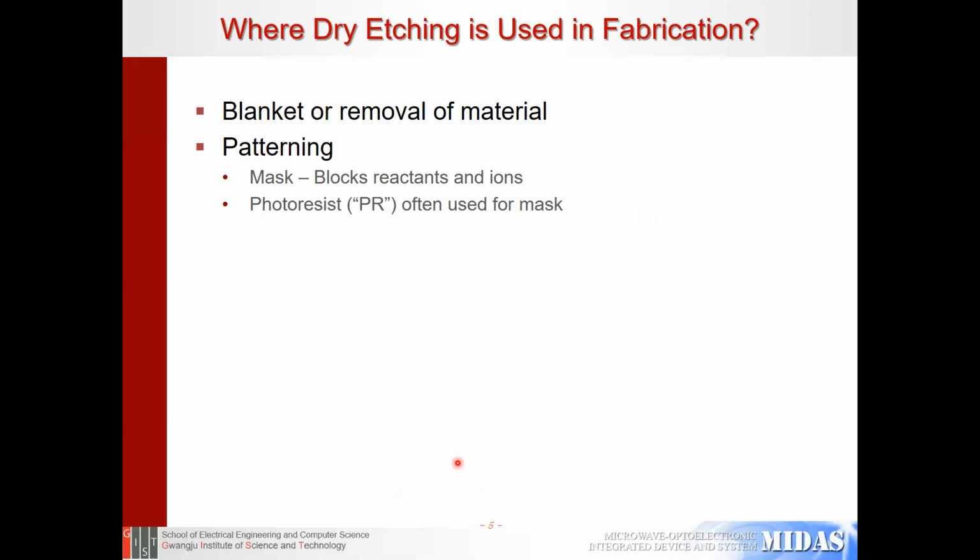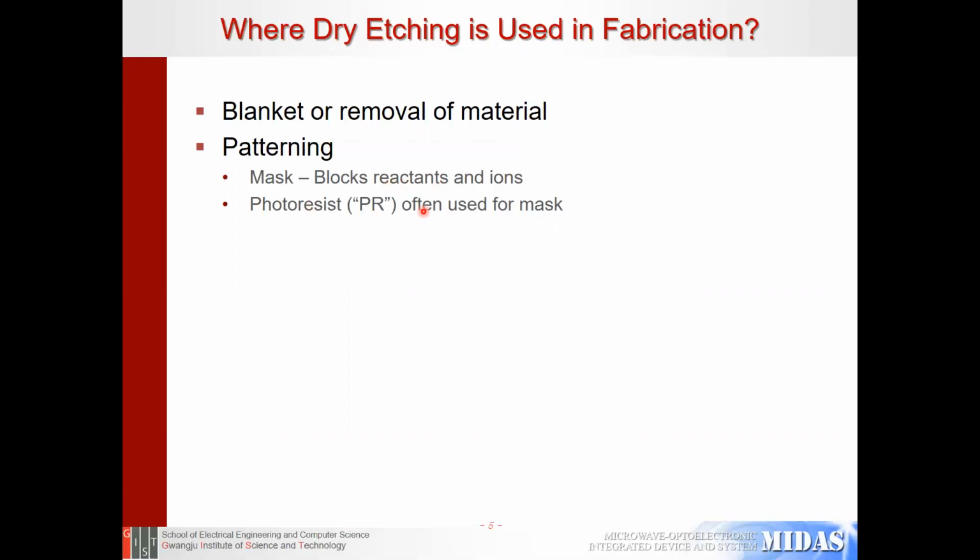In patterning we use a mask to block the reactant and the ions, so that we can duplicate a copy of the mask in the material on the surface of our wafer. And usually the mask is a photoresist.